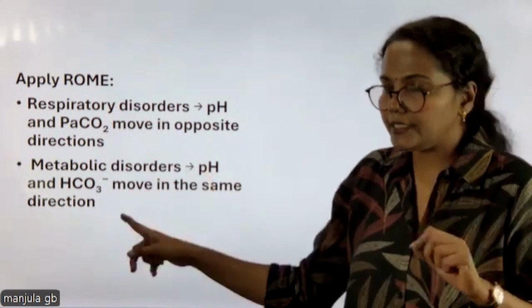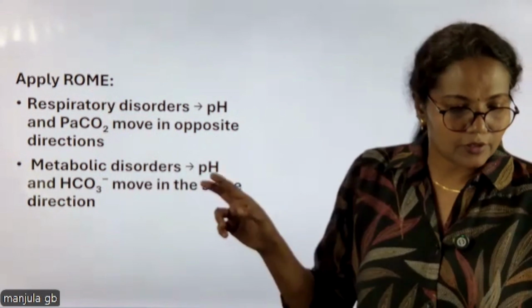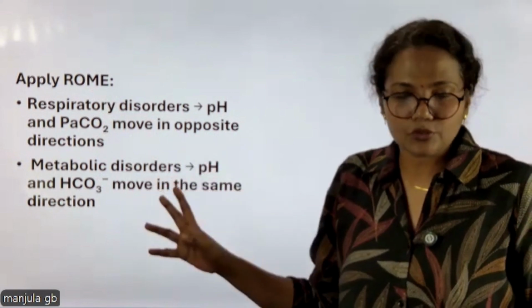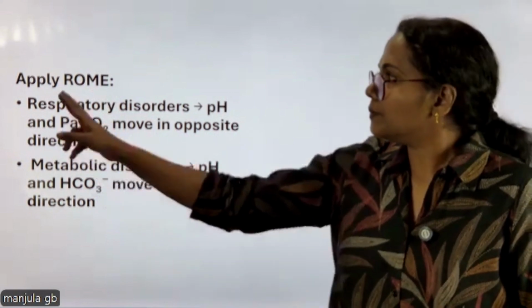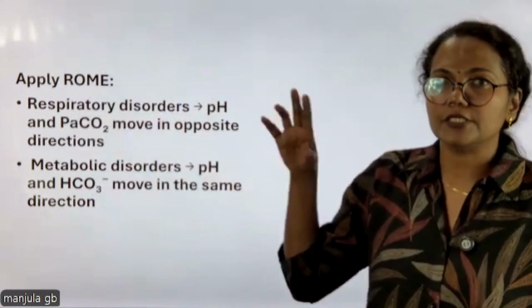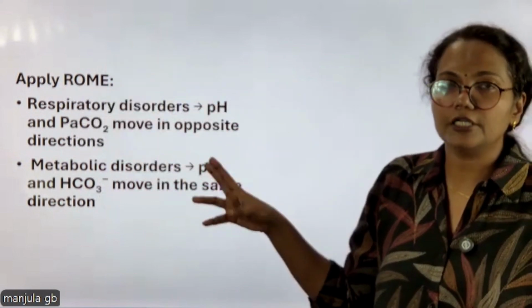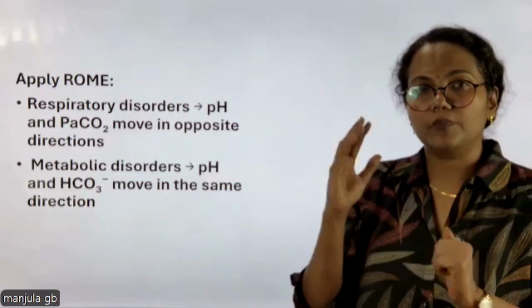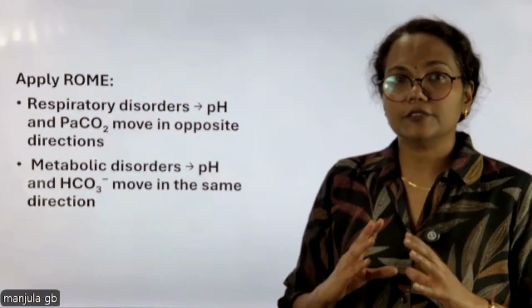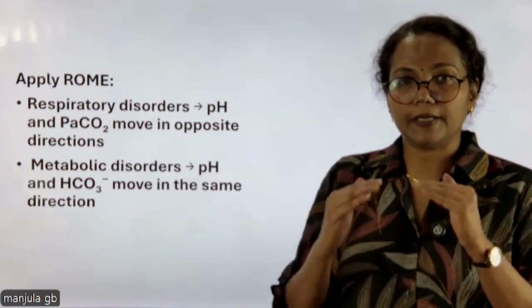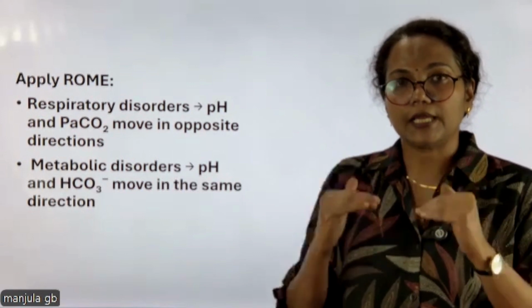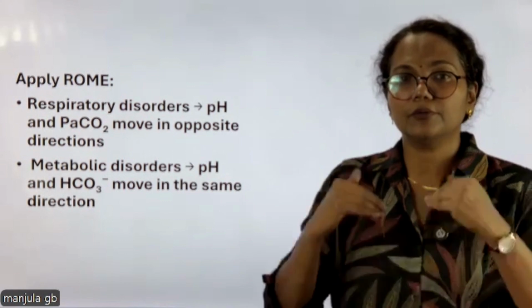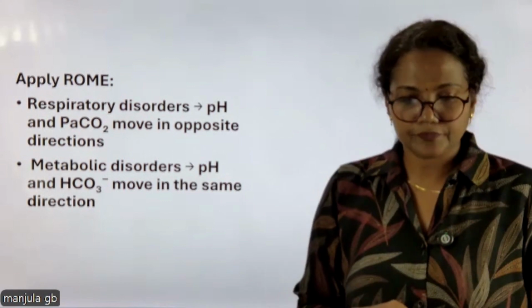Both pH and bicarbonate. Now this is an easy way to remember. Okay, ROME: in respiratory disorders, the pH and the carbon dioxide will move in opposite directions. In metabolic disorders, the pH and the bicarbonate will move in the same direction, either both down or both up.